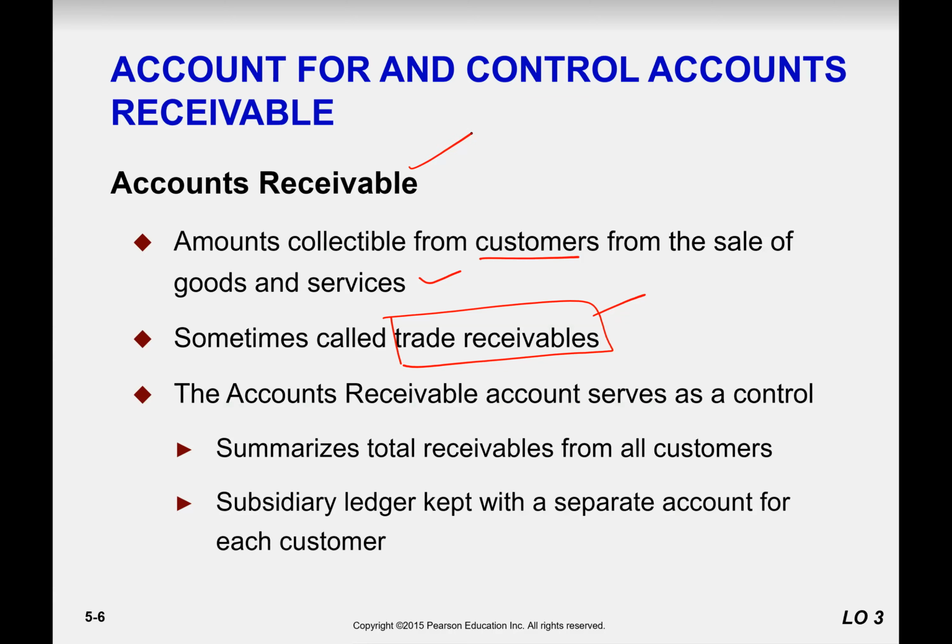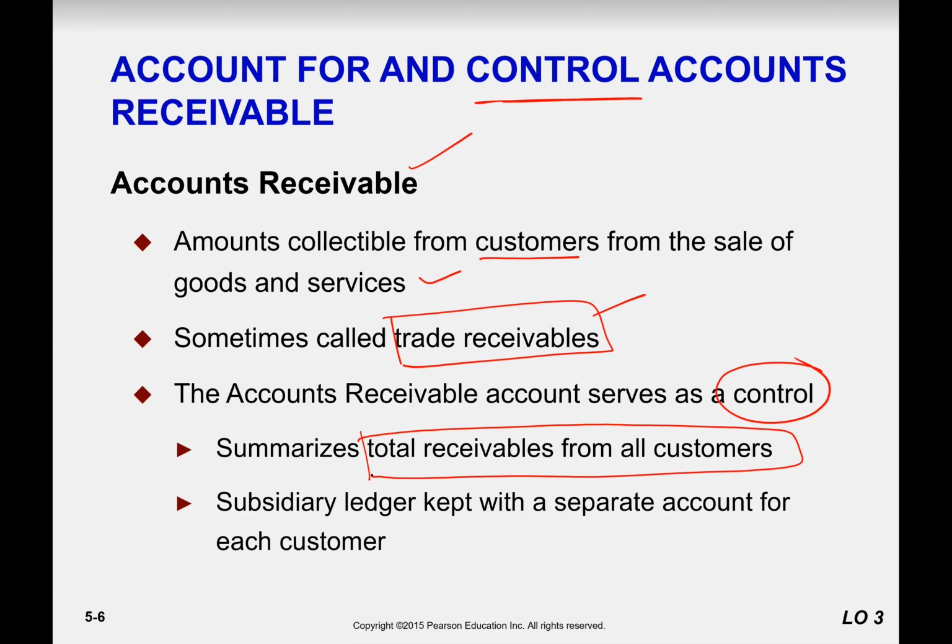But if you see this kind of stuff in questions or somewhere else, please remember that trade receivables are account receivables. So don't worry about that. The account receivable serves as a control account. What does it mean? It means it summarizes total receivables from all customers.